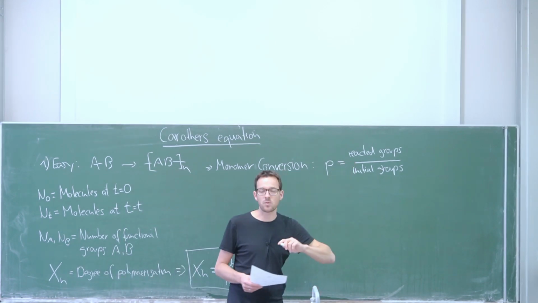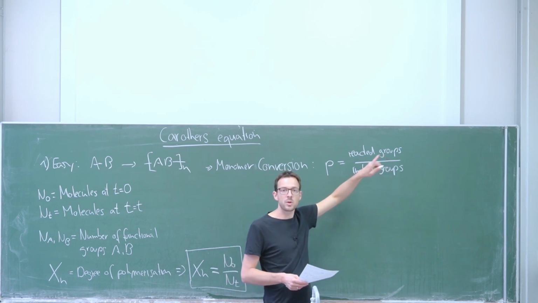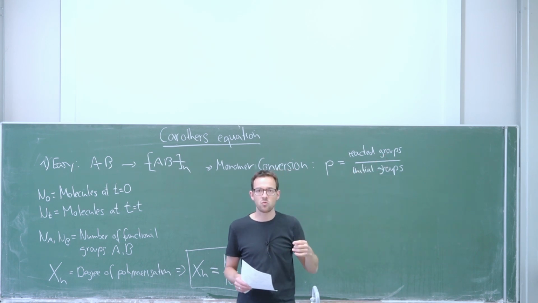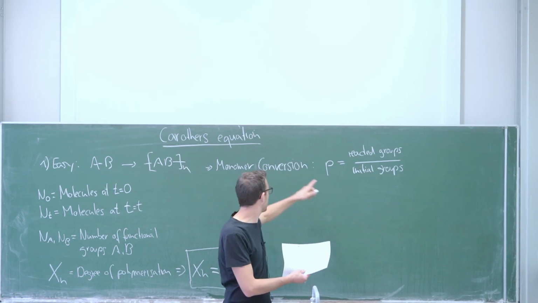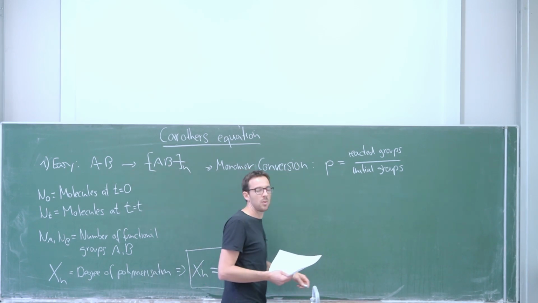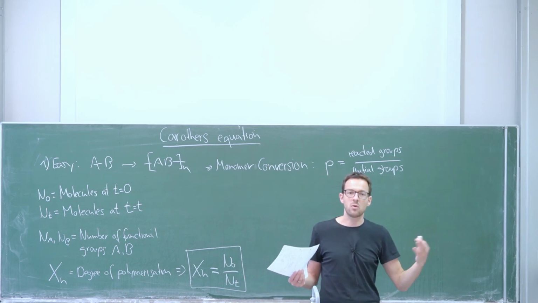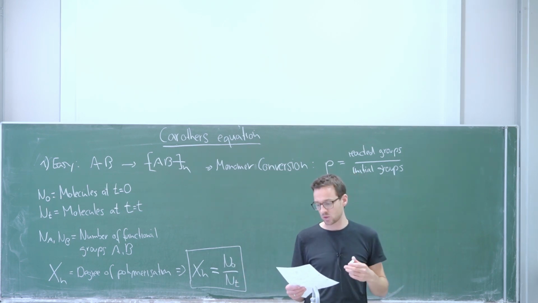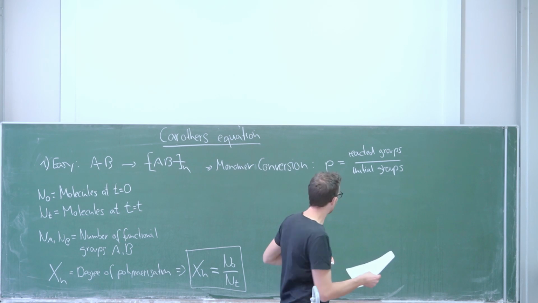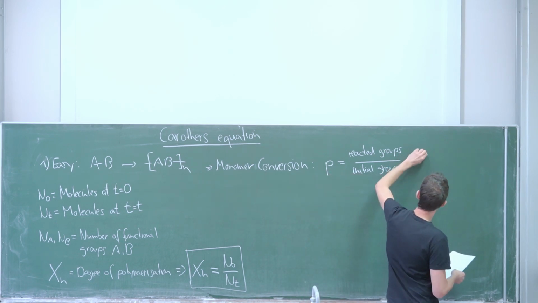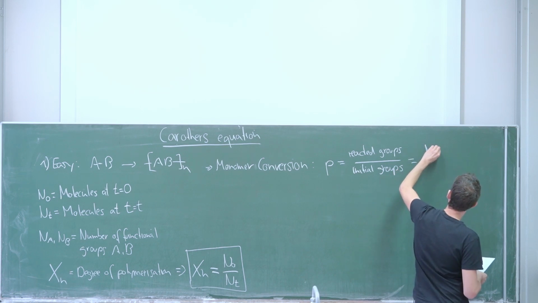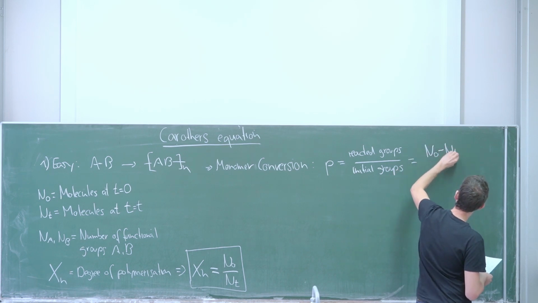Okay, in our case now it's very simple. Here we talk about groups because what is reacting are the functional groups, strictly speaking, not the molecules themselves. In our case, it doesn't matter because each molecule has exactly one functional group A and one functional group B. So what we can now express p with is N0 minus Nt.